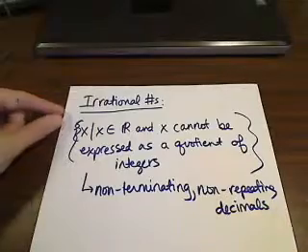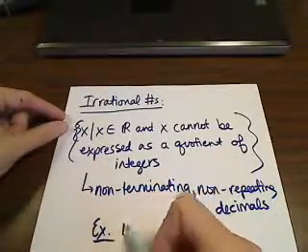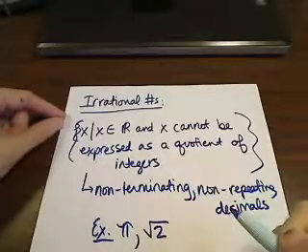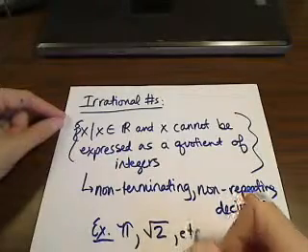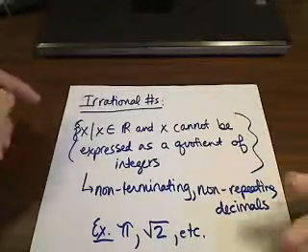Numbers that fall into this category are some of our special numbers. Pi falls into this category. Some of our square root numbers, for instance, the square root of 2, etc. There are some special numbers for us that fall into this category.